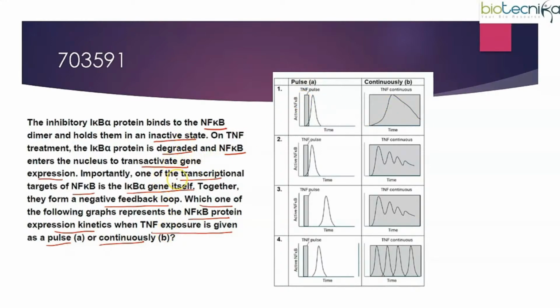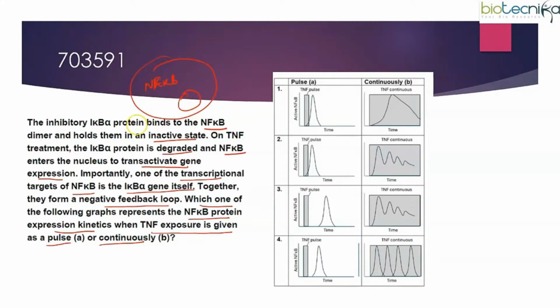Here you don't actually need anything about signaling, because everything is mentioned here. Usually NF kappa B is a transcription factor, and it is present in the cytoplasm. It has to go inside the nucleus for transcription to occur.